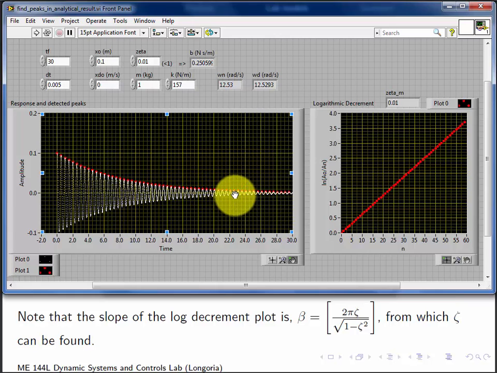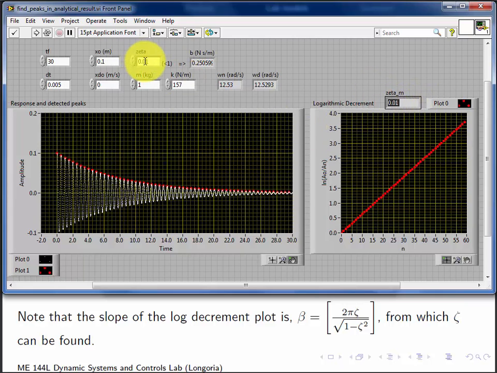What it does then is it shoves that signal into a little VI. That VI actually finds those peaks, takes the amplitude ratio of those, plots it versus cycle number, and generates this graph, right? And then it does a linear regression on that, finds that slope, solves the quadratic, and pumps out zeta.